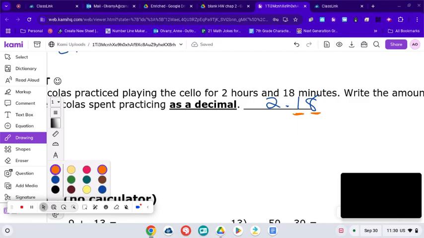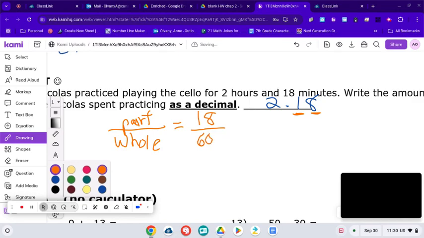Because fractions are part over whole. Sorry, it's really hard to write on my Chromebook, part over whole. So we are talking about 18 minutes out of a whole hour. Is a whole hour 100? No, hopefully you're saying a whole hour is 60.